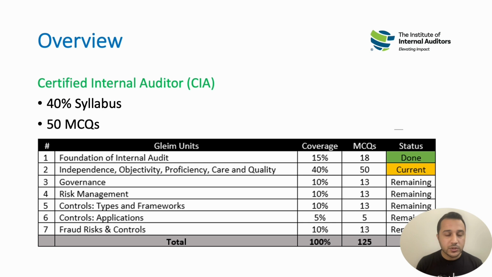And second, the most important thing is to understand the structure of the exam, which area is more important and which area is least important, the significance of each unit. All of that has been provided by the IIA. So what you are supposed to do is understand the structure and the syllabus, and how many MCQs are coming from each unit, and accordingly prepare for your exam.